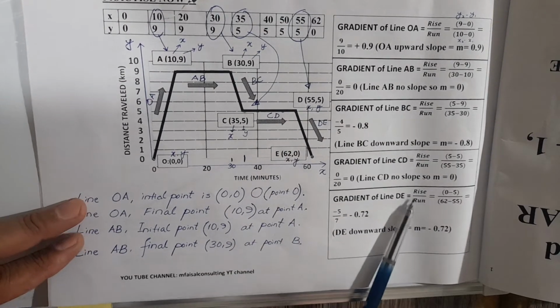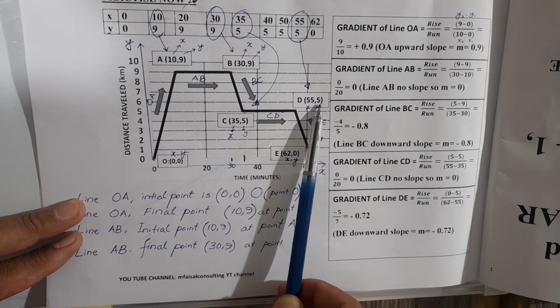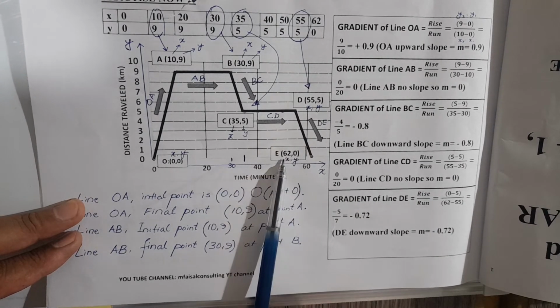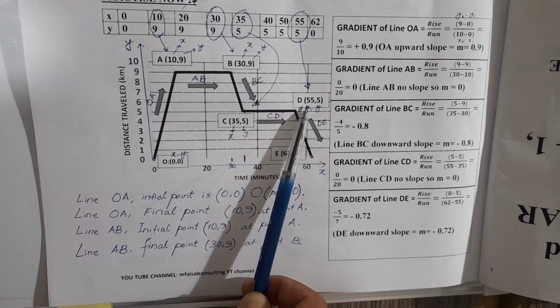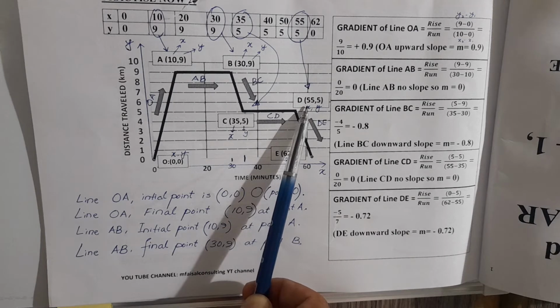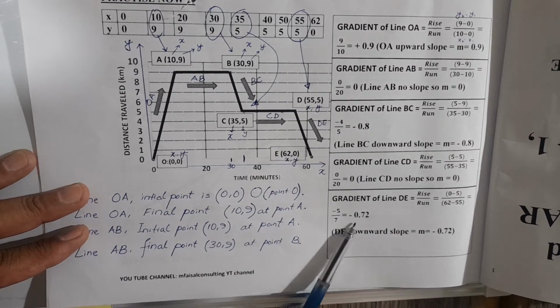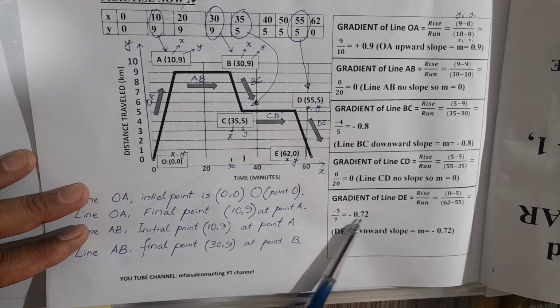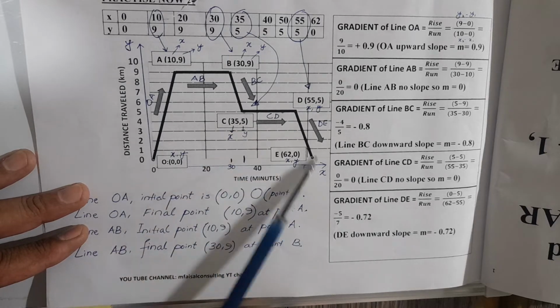So rise divided by run: 0, the y-axis final position, minus 5, divided by 62, the x-axis final position, minus 55, the x-axis initial position. So the answer is minus 5 divided by 7, which is minus 0.72. The slope is minus 0.72. It's a downward slope.